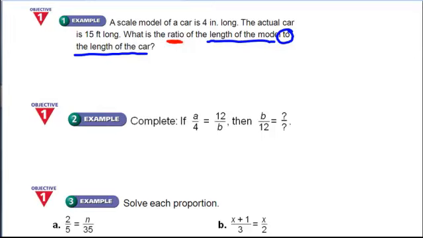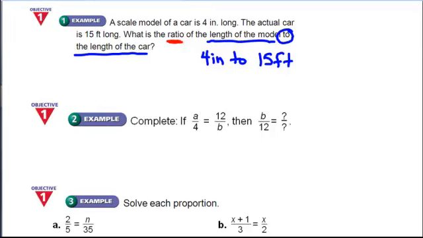So I need the length of the model, which is 4 inches, to length of the car, which is 15 feet. Now, this is my ratio of two numbers. However, I have two different units, and if you can, you want to get them to have the same unit so they can cancel out. I always pick the largest unit and convert it.